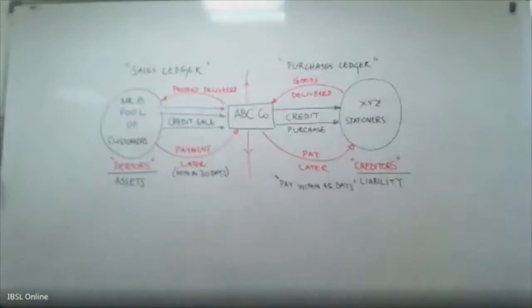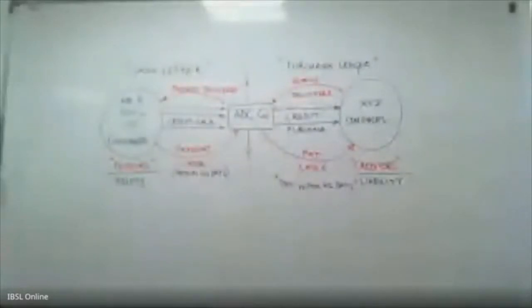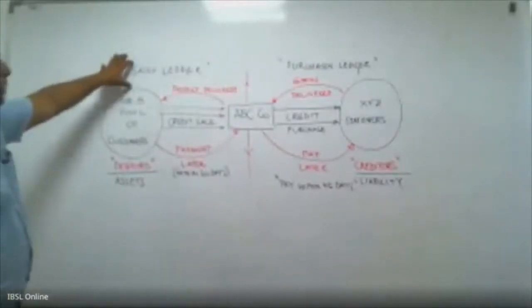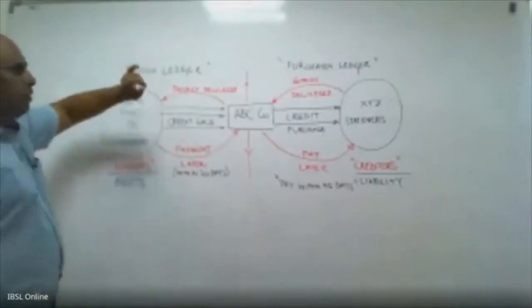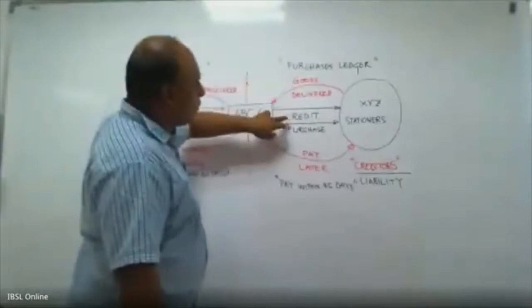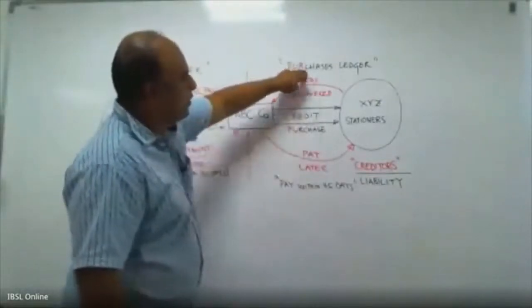I hope this is very clear to you, because this is very important as we go on further. So the sales ledger relates to all credit sale transactions, and the purchase ledger relates to all credit purchase transactions.